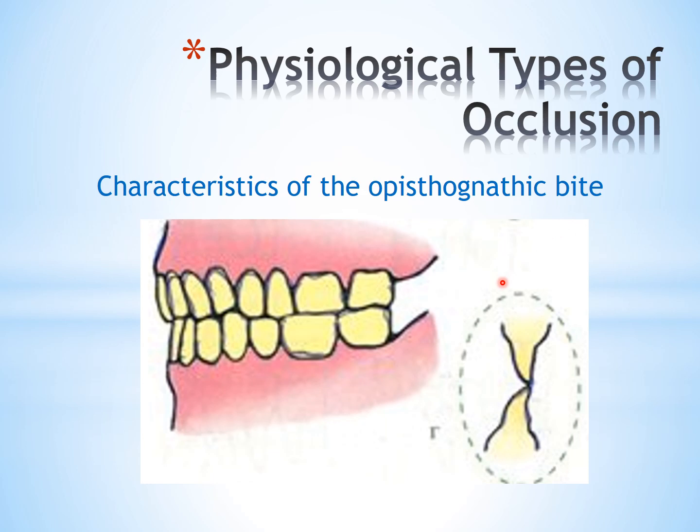Opisthognathic bite. What does it mean? It means that molars and premolars have the correct, same position, but frontal teeth are tilted backward.